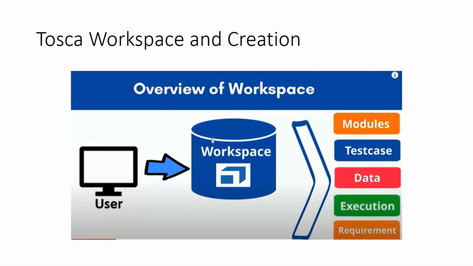We can now deep dive into the concepts of a Tosca workspace. A Tosca workspace is nothing but a place or repository to store the different components required for our automation project, whether to develop, maintain or execute the test cases. So we need to connect the workspace first. Once we have connected to the license server, now we have to create this workspace.